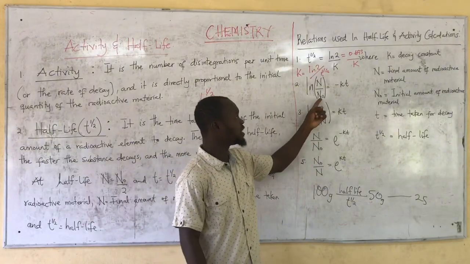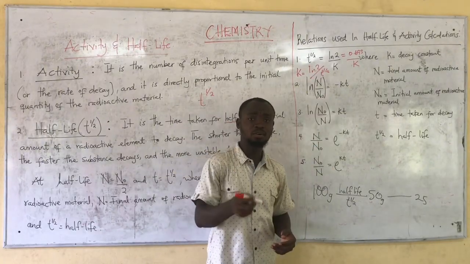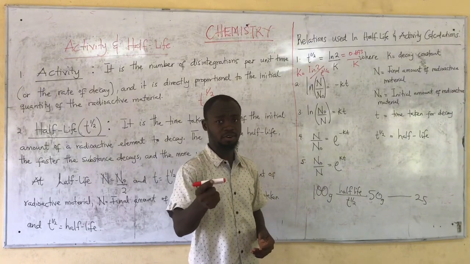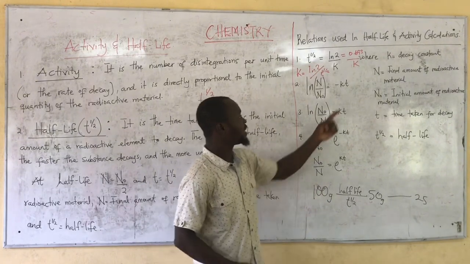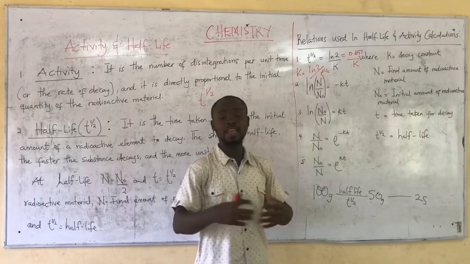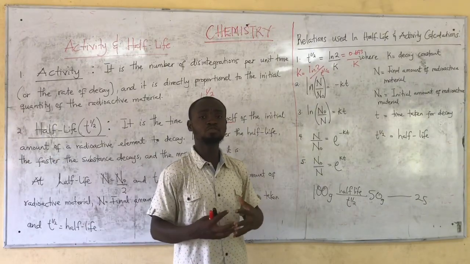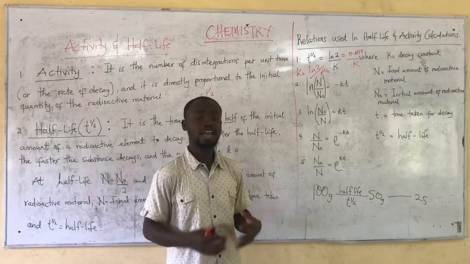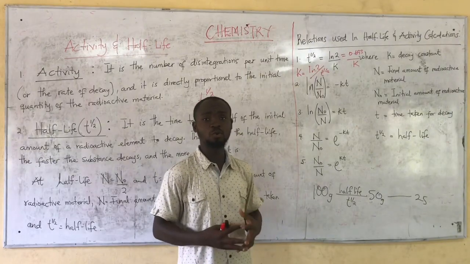And then N naught here represents the initial amount of the radioactive material. Is that okay? And then K here is the decay constant. And then T is the time taken for the radioactive element to undergo decay.